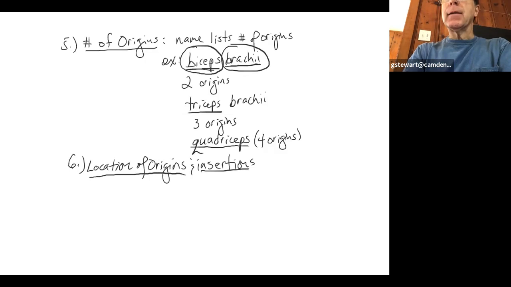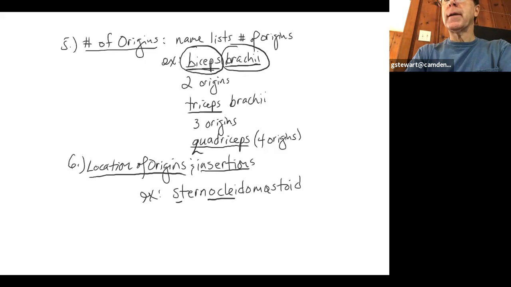That's what that means. Classic example, and this is the one that everybody always gives, it's a long name, a muscle called the sternocleidomastoid. All of that one long word tells us where the points of attachment are, the locations of the origins and insertion.